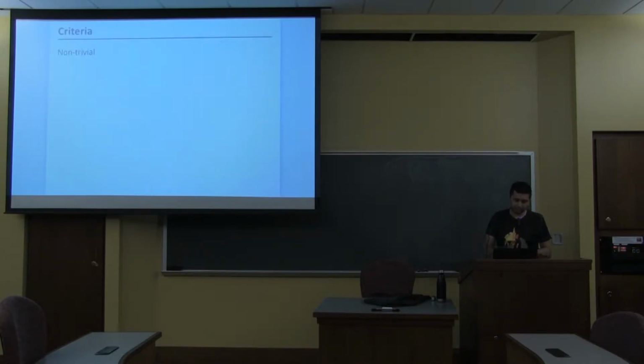So the criteria is, first and foremost, it needs to be non-trivial. We wanted expressive data types that could capture not only the data model that we have, but also the UI state. We wanted to do some data validation and see what that looks like. In Angular, it's not that great, with directives and functions, it's just not very nice.